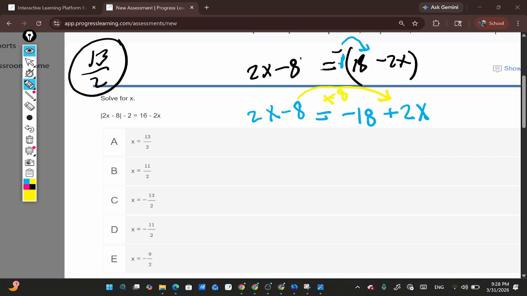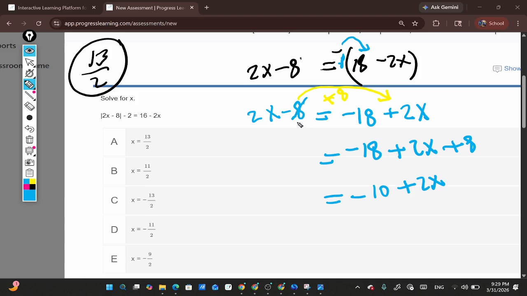So we end up with negative 18, plus 2x, then plus 8. So we have negative 18 plus 8, which is negative 10, plus 2x. Now we cancel that negative 8, because when we add 8 to that, we get 0. So we end up with 2x, and here 2x.